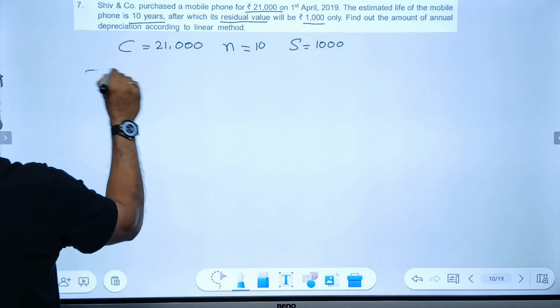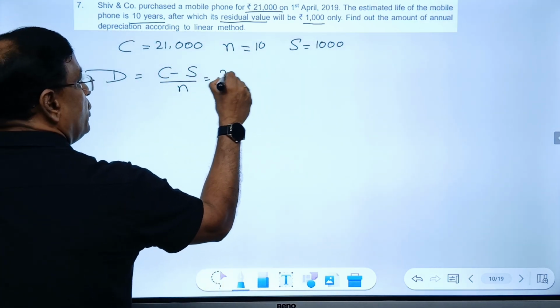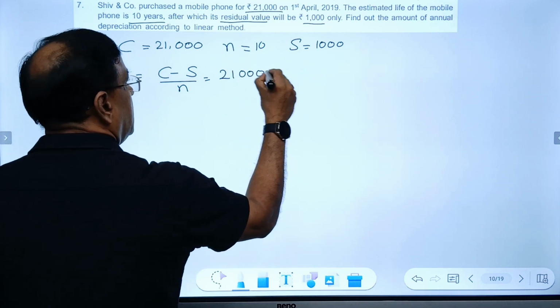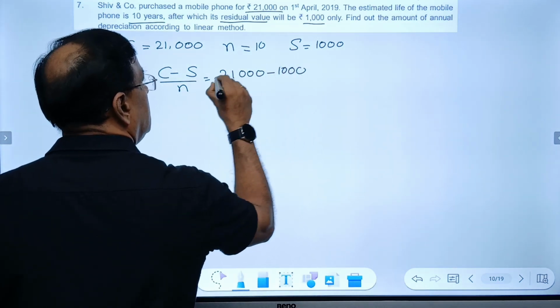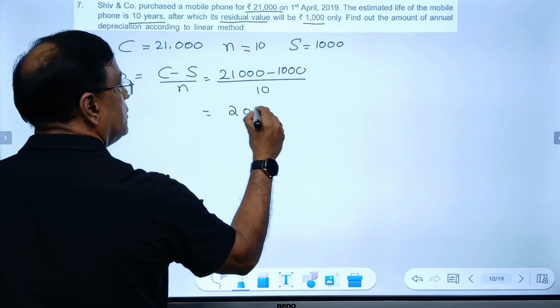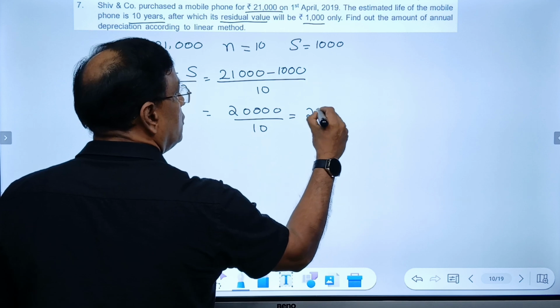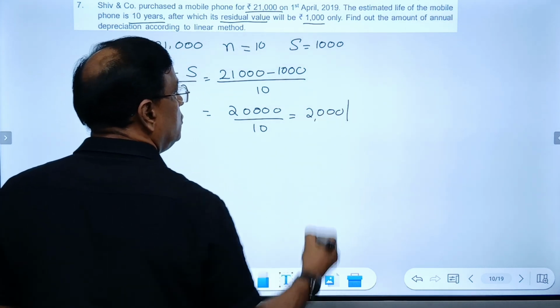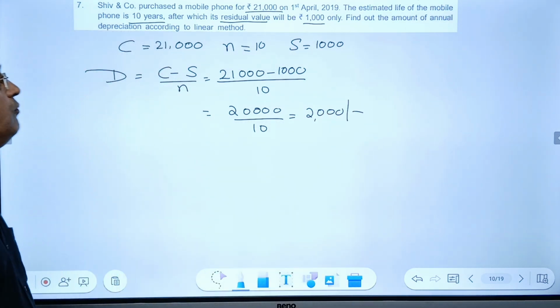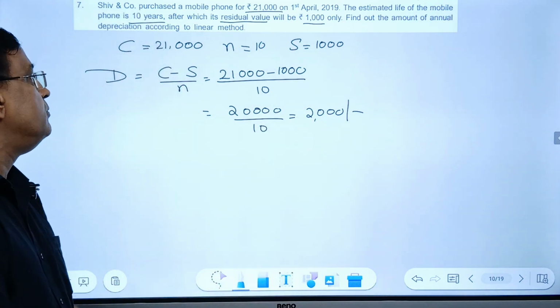So my depreciation formula is (C minus S) by N, which is (21,000 minus 1,000) divided by 10. So that will be 20,000 divided by 10. So effectively it undergoes a depreciation of 2,000 rupees per year for the next 10 years, and after that it becomes a scrap value.